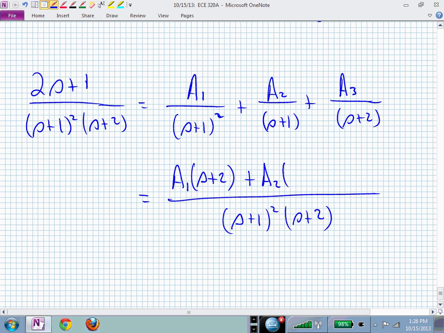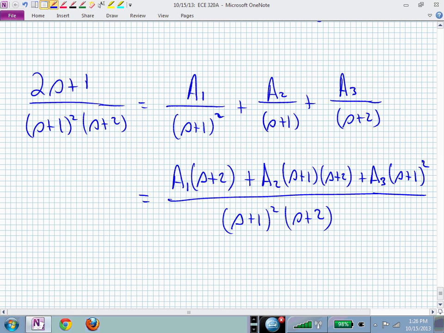We need to fill it up with what's missing down below. We need an s plus 1 factor and an s plus 2 factor. Plus a sub 3, what does it get scaled by? Is it clear where those came from, those terms?